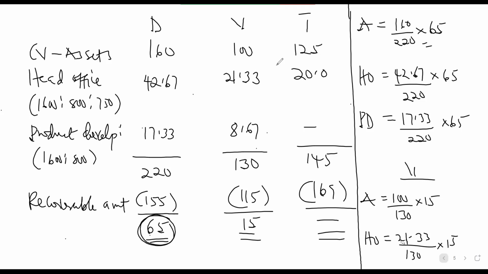Please, the one you just did, what are you computing for? We are computing for their share of the impairment loss. So you find the share, then you subtract it from their carrying amount. So for this one, I'm having 47.27. Is that correct? Yes. Okay.